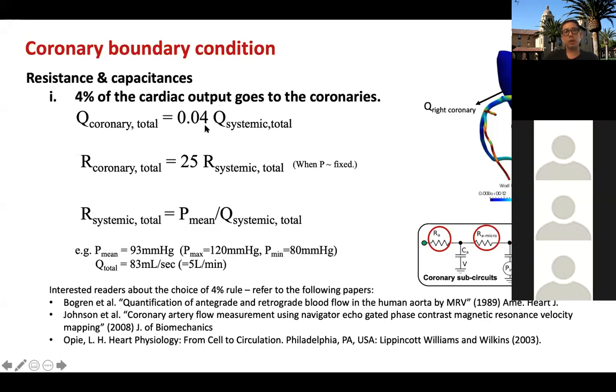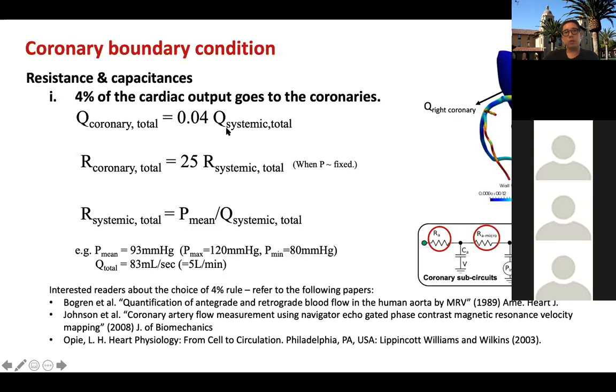So basically, if we know the systemic flow rate, we can multiply by 0.04 to calculate the flow in the coronary arteries. And we can flip this to resistance. If you have higher resistance, you would expect low flow in that vessel.